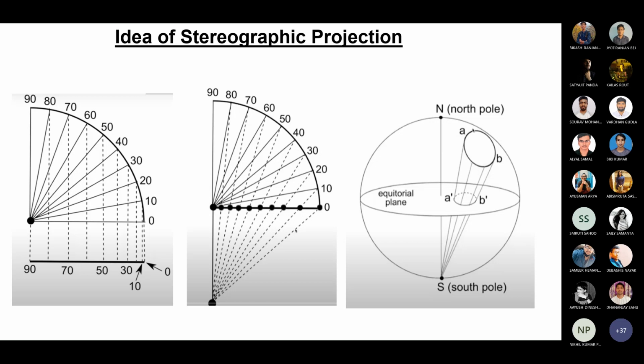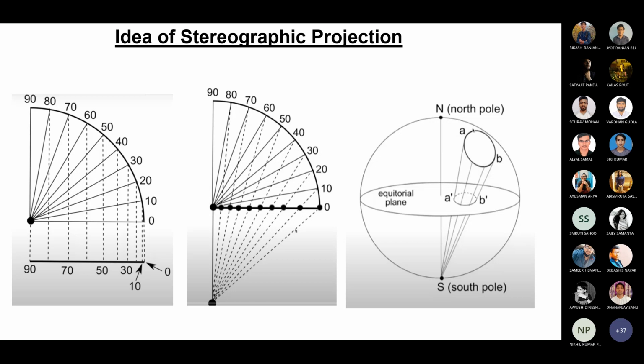Okay, so south pole, equatorial plane, and north pole. If you look at the third figure, this is the AB circle. If you look at that AB circle on the surface of the sphere, the projection on the equatorial plane is a dot b dot. All the points on the perimeter of the small circle AB are connected through the equatorial plane to the south pole, and all the points projected by this method on the equatorial plane are connected to draw A dot B dot.